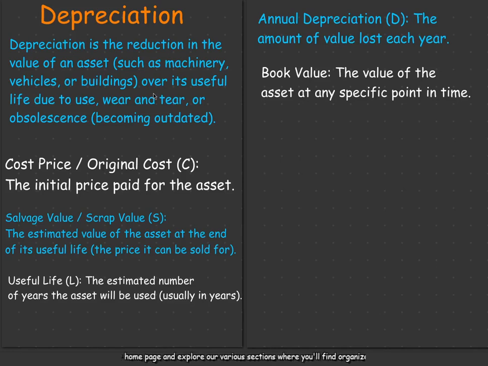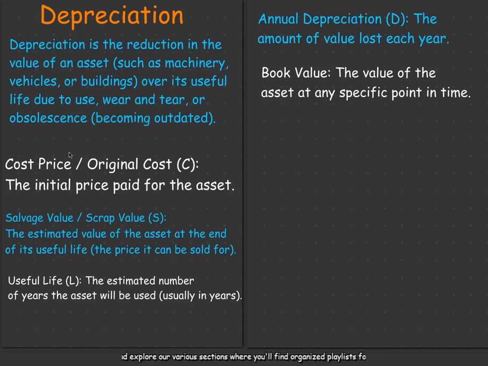So after buying it at the original cost, after using it for 1 year, before its useful life ends, its value at any point in time at all is called the book value. This topic is going to be very, very practical and very useful, and you would love it.